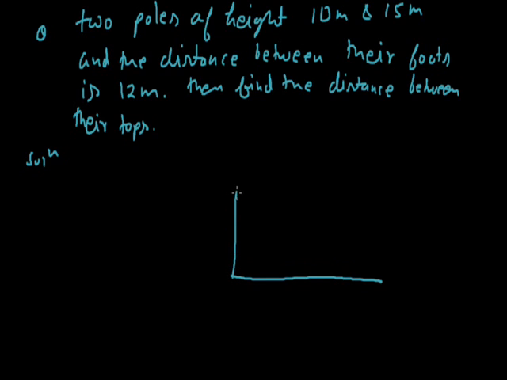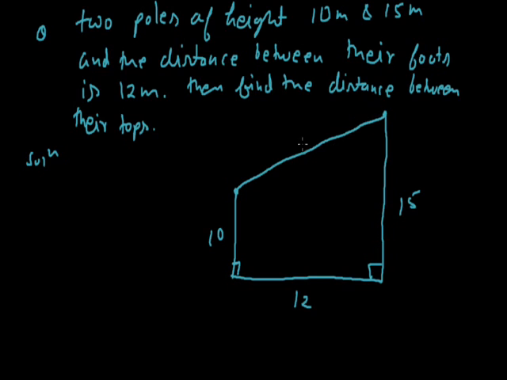One is of height 10 and another is of height 15, and these two poles are perpendicular to the surface of the ground, and this angle is also 90 degree, and the distance between their foots is 12 meter. Now this is the top of this pole and this is the top of the other pole. Now what is the distance between these two tops of the poles?